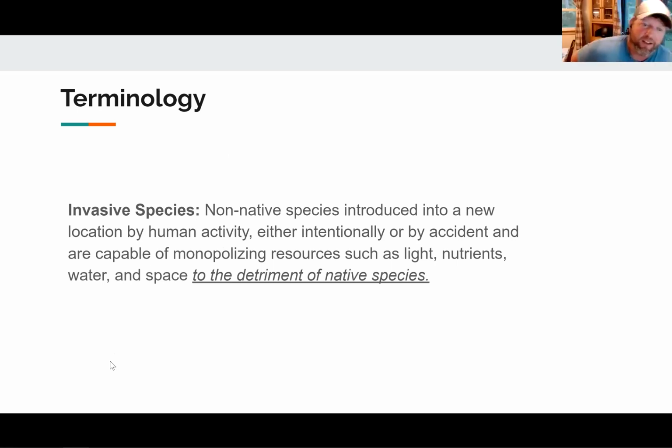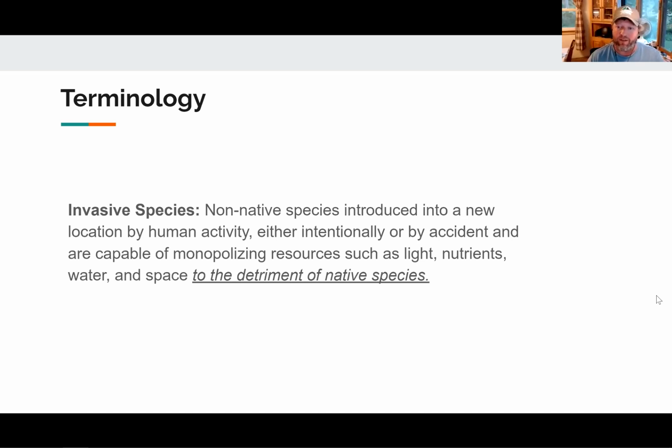Thanks, Corey. So just basic terminology. When we talk about invasive species, we're talking about non-native species introduced into a new location by human activity, either intentionally or by accident, and are capable of monopolizing resources such as light, nutrients, water, and space. And the important part is to the detriment of native species.